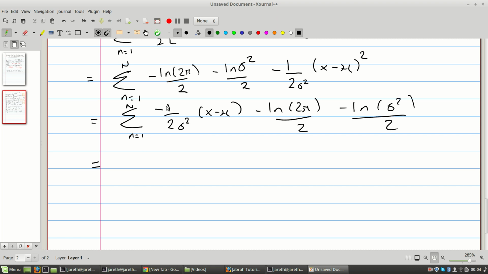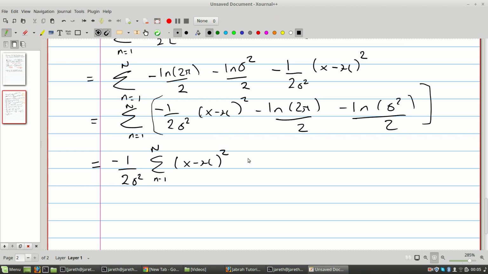And what can we do? This is obviously multiplied by everything here. So one thing we can do is take this summation out of this term. Let's take the summation of each and every one of these terms individually. So let's start with this term. We can write it as minus 1 over 2 sigma squared, summation from n equals 1 up to n of x minus mu. I don't know why I forgot the squared term here.